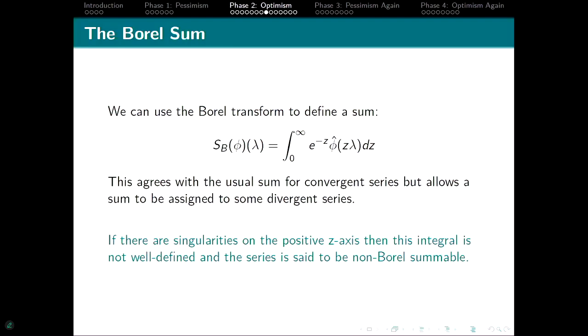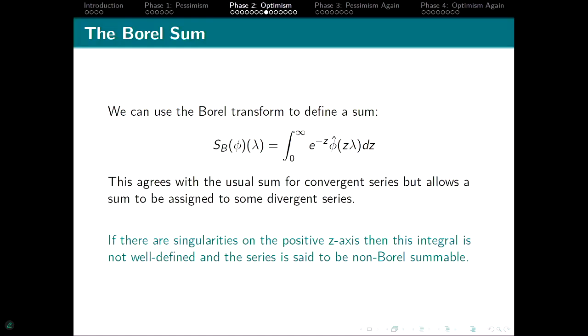And of course, another big motivation for this idea of the Borel transform is that we can then use it to define a sum, which, as I said, will extend the range of series that we can assign sums to. So essentially, this Laplace integral over the Borel transform again. I'm not going to go through it in detail, but if you start with a convergent series, that's always going to give you the same thing as the convergent sum.